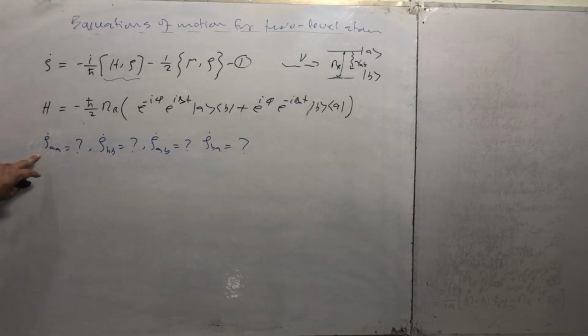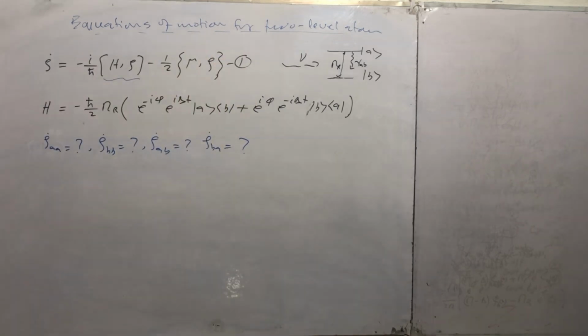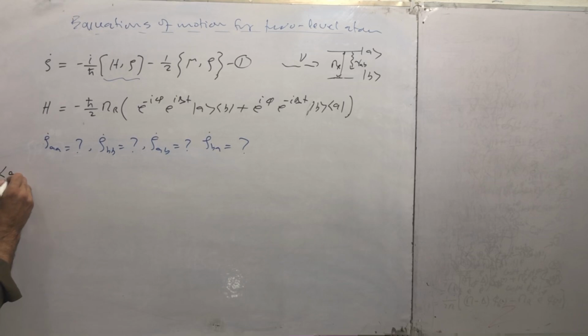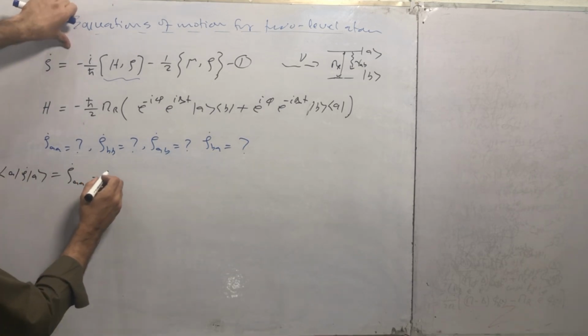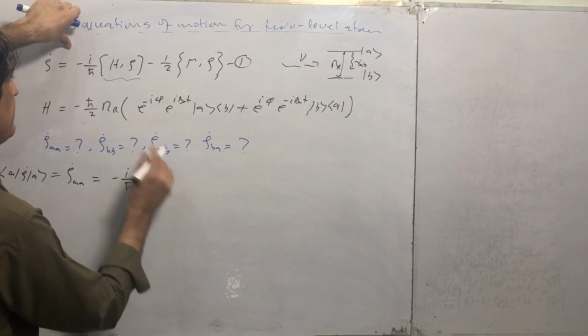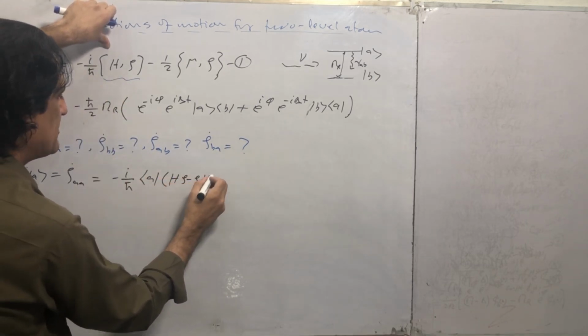To find ρ dot AA first, I must consider this equation 1 and take the inner product of <A| with this side and |A> with this side to the whole equation. Then it means that <A|ρ dot|A> must be equal to ρ dot AA, and then minus i divided by ħ <A|, and here this is known as Hρ minus ρH.